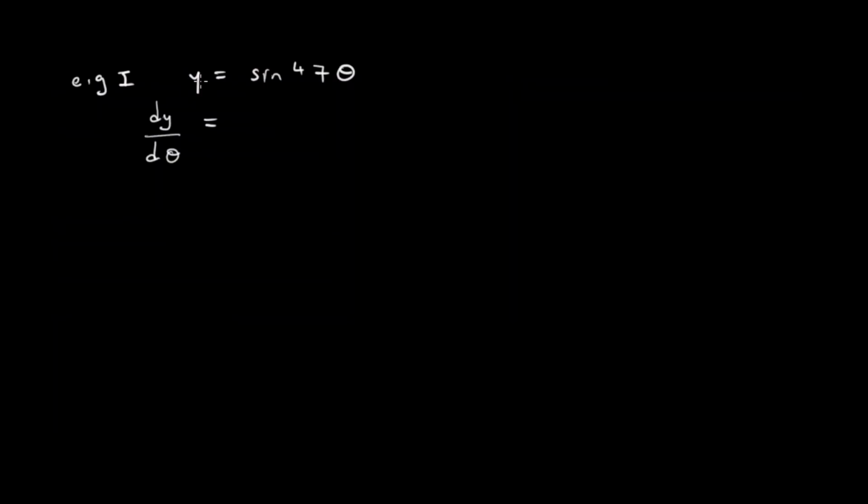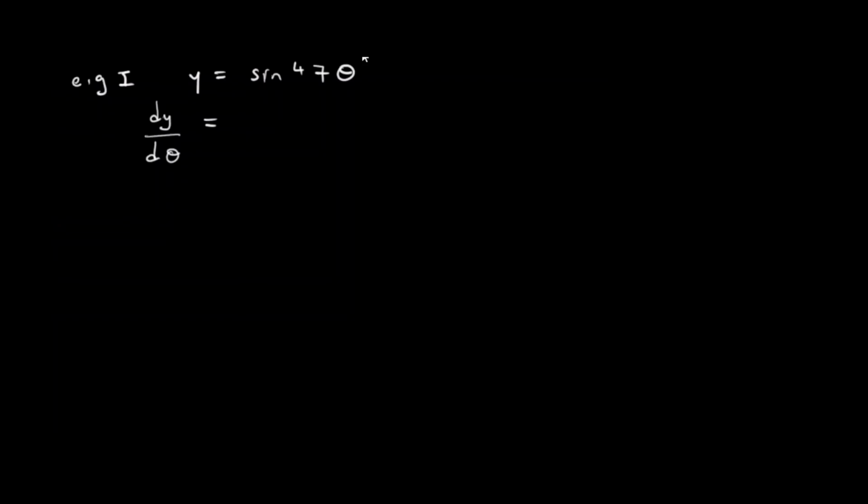So this y comes from the original y here. Then d theta comes from the variable inside the function. So dy, where y represents the function, over d theta, where theta is the variable inside the function. So notation is important, especially when we do implicit and parametric differentiation, where notation is going to be fundamental. So please make sure you zone in and try to understand what is happening.